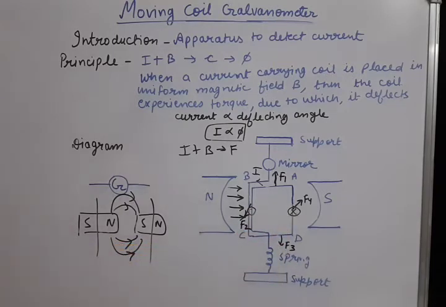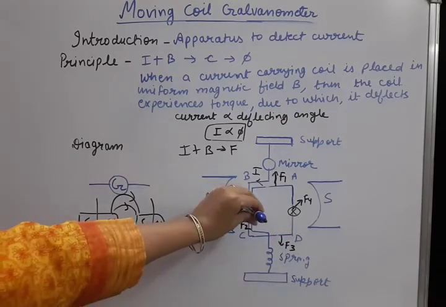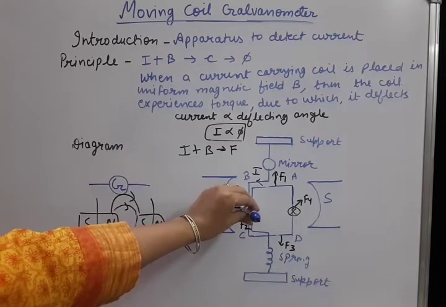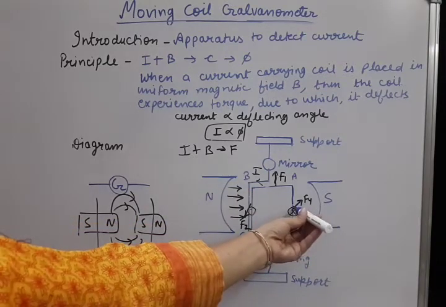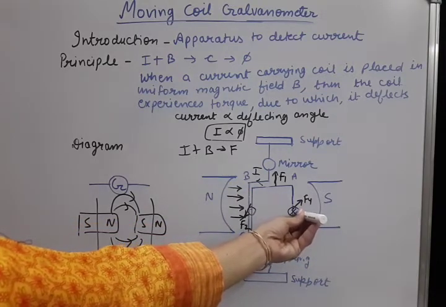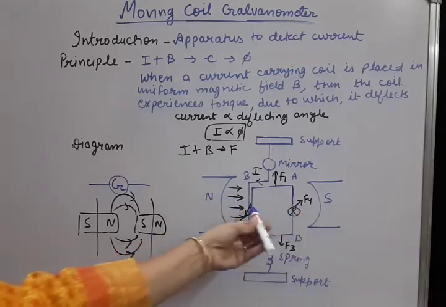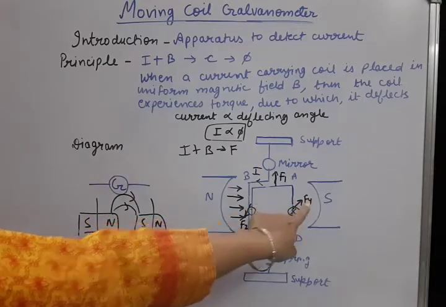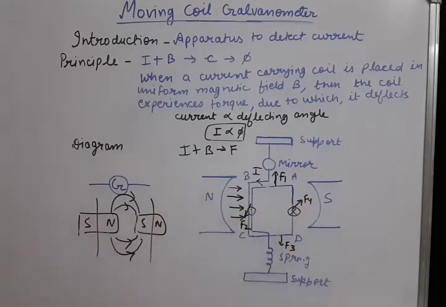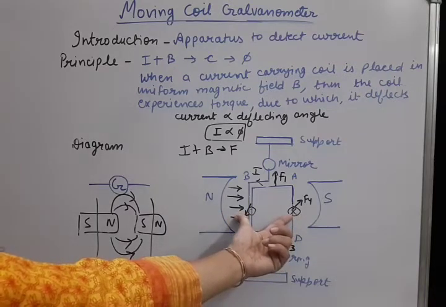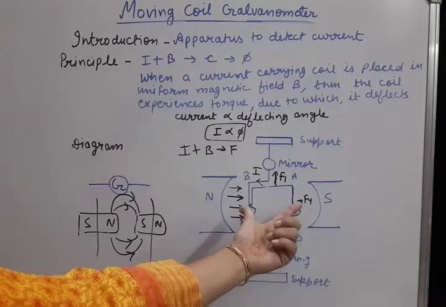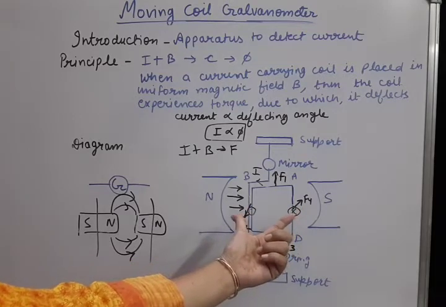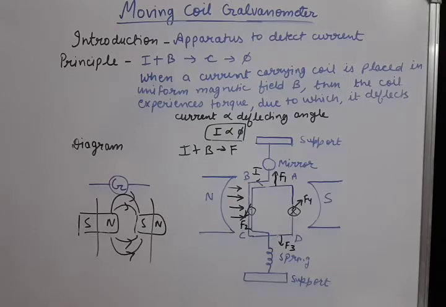As we have discussed before also, F2 is normally out in this line and F4 at that edge is normally inwards. So the lines of action of these two forces are different. They are equal and opposite, but their lines are different. That's why they don't cancel. They make a torque, and that's why this coil is experiencing a torque. Now the meaning of torque is turning. So what will happen?